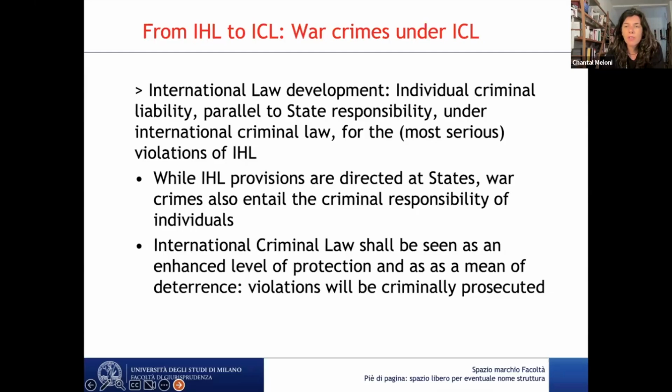So the violations of international humanitarian law will not only entail a responsibility of states, but also will be criminally prosecuted, meaning that the individuals who are responsible for them, and we will talk about this in the second part of my presentation, who are these individuals, can be criminally prosecuted, and of course, upon them, a criminal sanction, in particular, in the form of imprisonment nowadays, can be imposed.